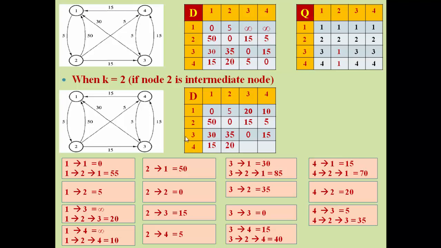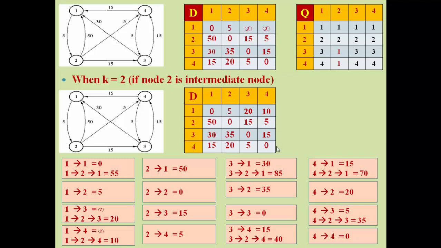And when we use intermediate node 2, at that time 4 to 2 and 2 to 3. So 4 to 2 is equal to 20 and 2 to 3 is equal to 15. So 20 plus 15 is equal to 35. Among these both values 5 is minimum, so we have to fill 5 here. And last, 4 to 4 is equal to 0.